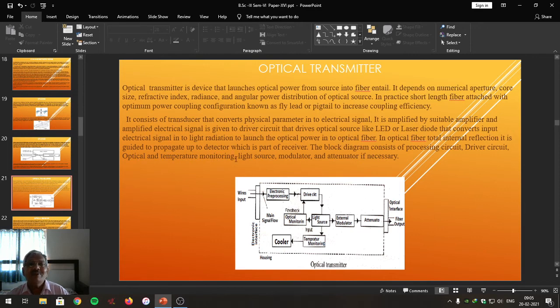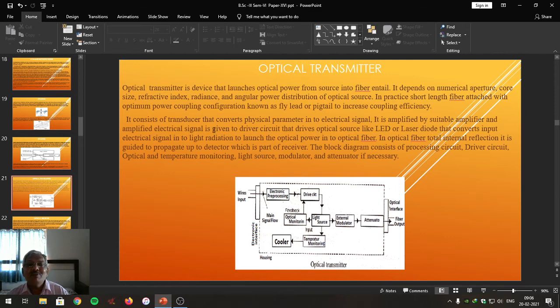Dear students, just for your revision we can say the optical transmitter consists of a transducer. It is used to convert a physical parameter into an electrical signal. This electrical signal is amplified by a suitable amplifier. The amplified electrical signal is given to the driver circuit that drives the optical source like an LED or laser diode.